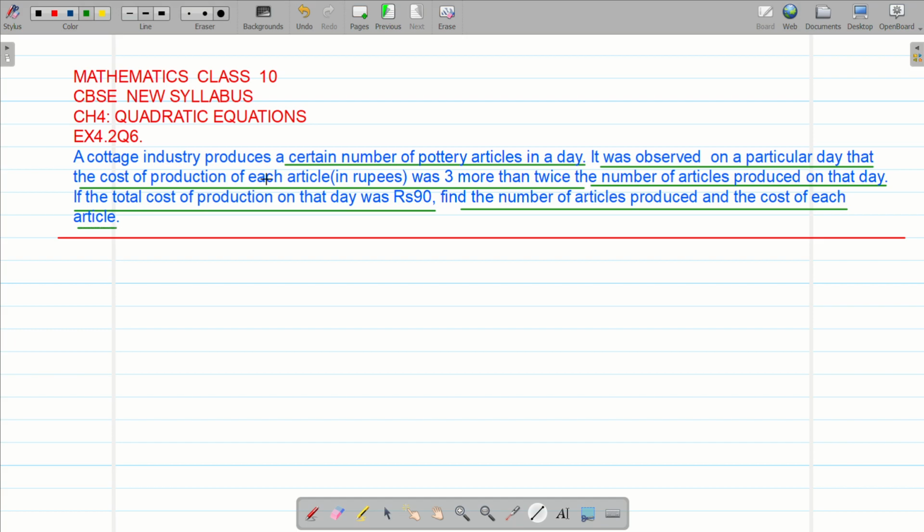A cottage industry produces a certain number of pottery articles in a day. It was observed on a particular day that the cost of production of each article was rupees 3 more than twice the number of articles produced on that day. Total cost of production was 90. Find the number of articles and the cost of each article.